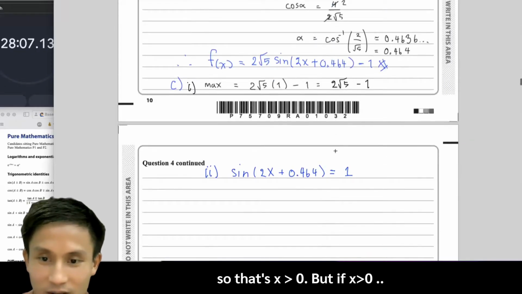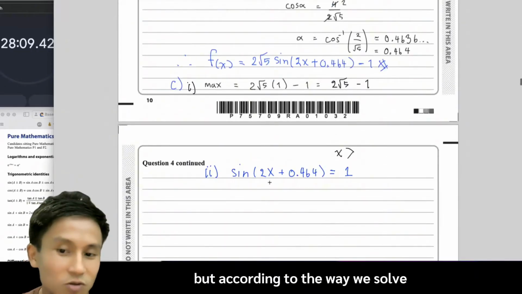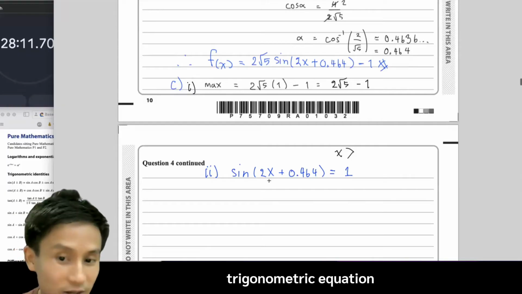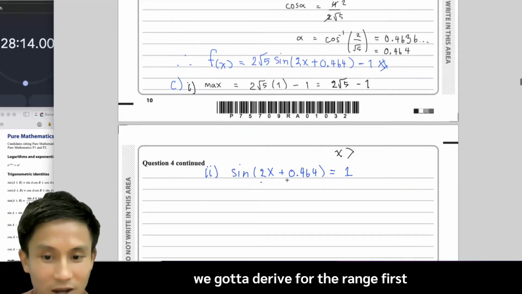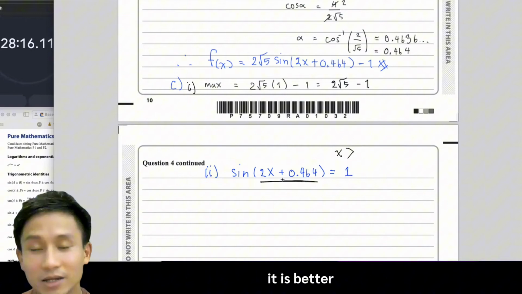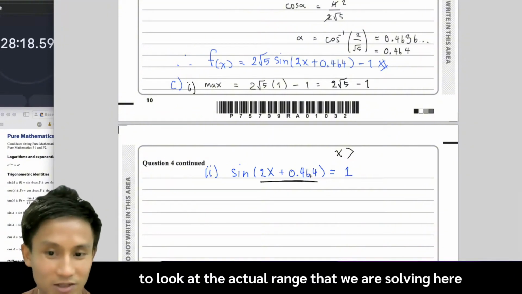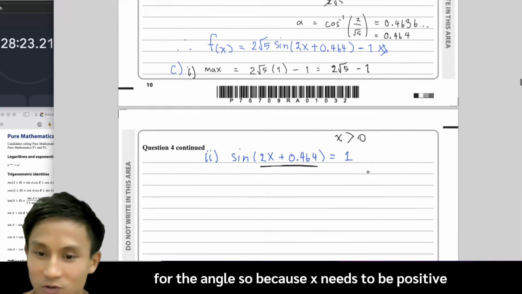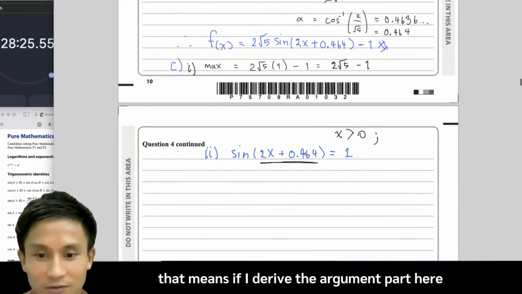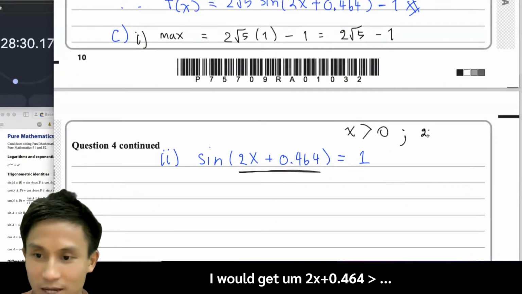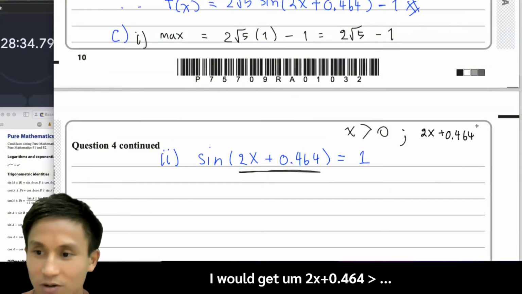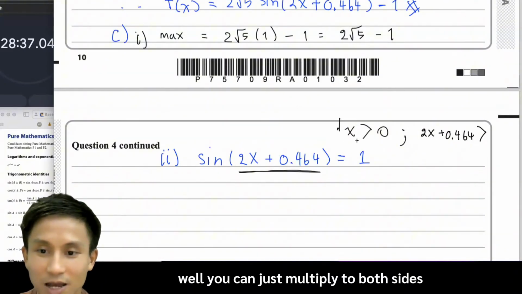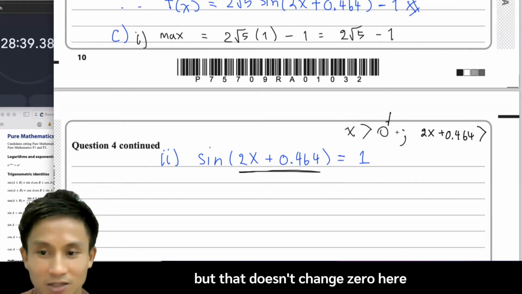If x is greater than 0, according to the way we solve trigonometric equations, we got to derive the range first. It is better to look at the actual range that we are solving here for the angle. So because x needs to be positive, x greater than 0, that means if I derive the argument part here, I would get 2x plus 0.464 greater than, well, you can just multiply 2 both sides, but that doesn't change 0 here.